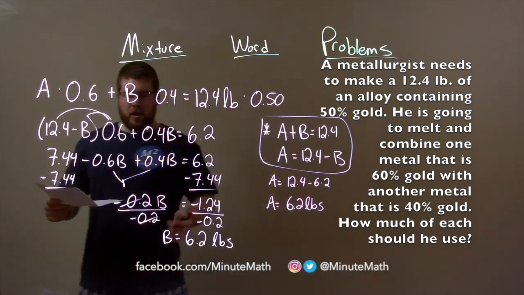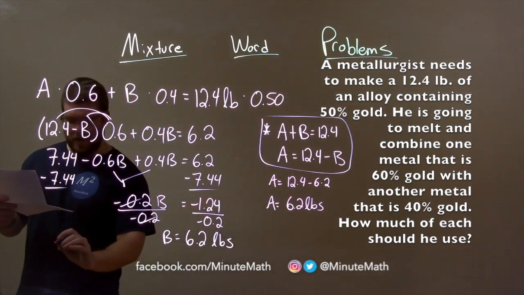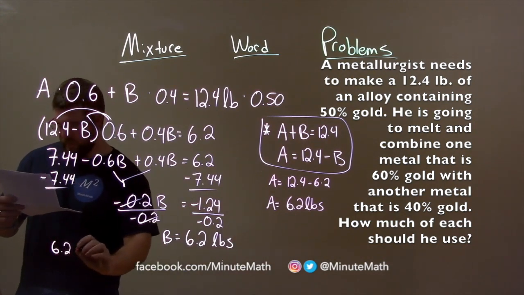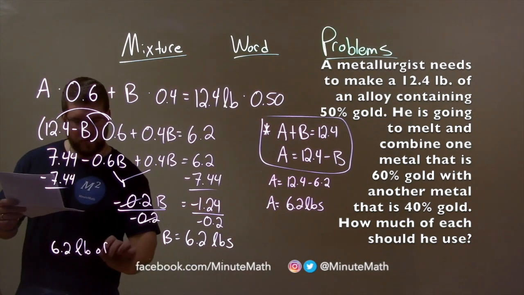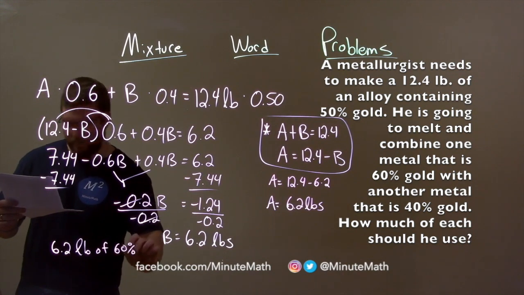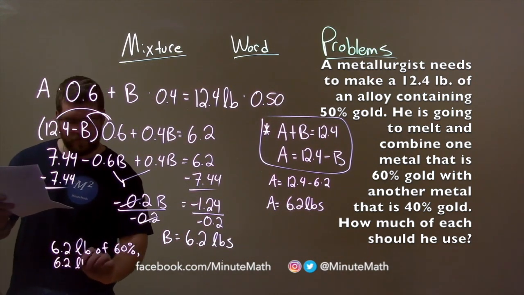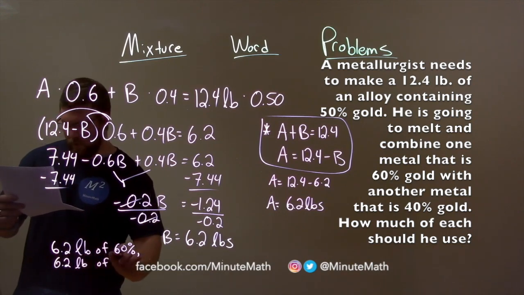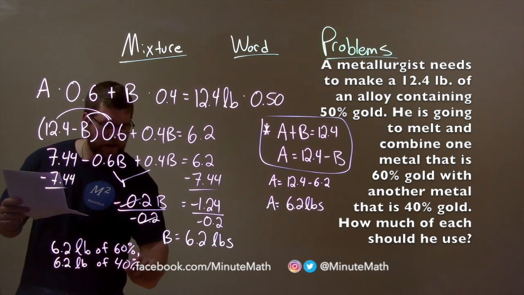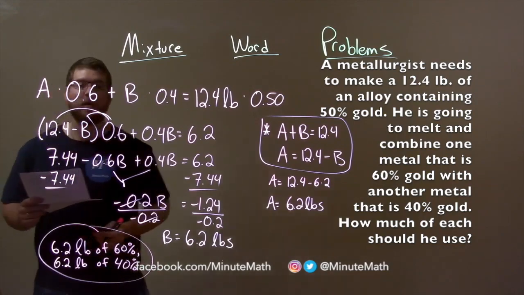So our final answer, write it out here: we have 6.2 pounds of 60% gold and 6.2 pounds of the 40% gold. And that is our final answer.